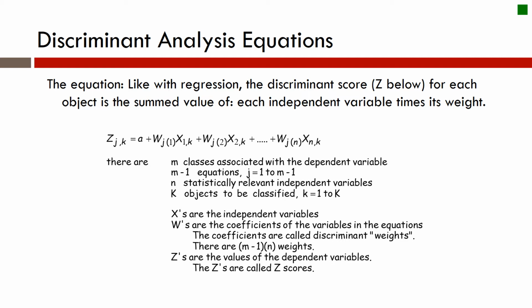So those w's are the weights. They, again, could be thought of as the beta coefficients, but they're slightly different. They are used to calculate a probability that an object would fall into a specific class.